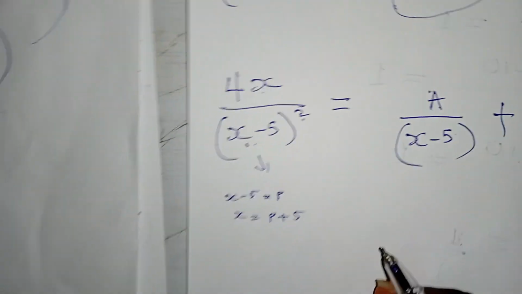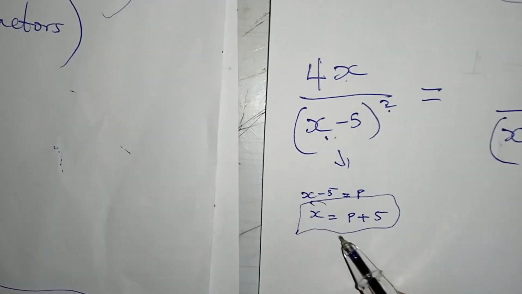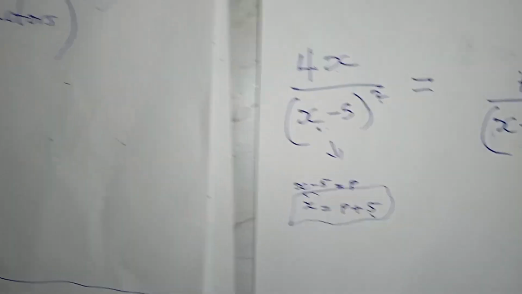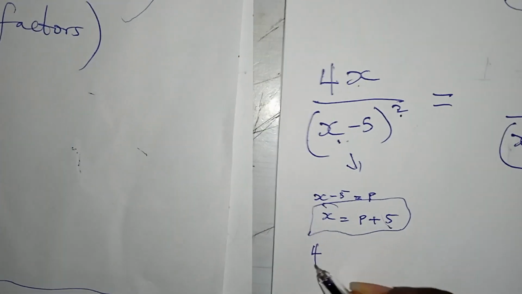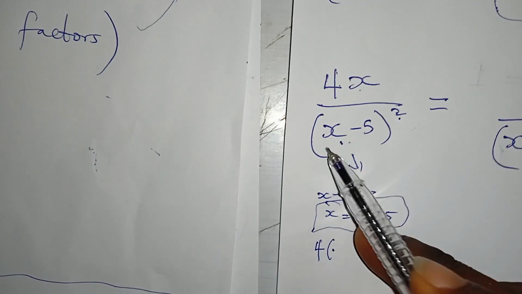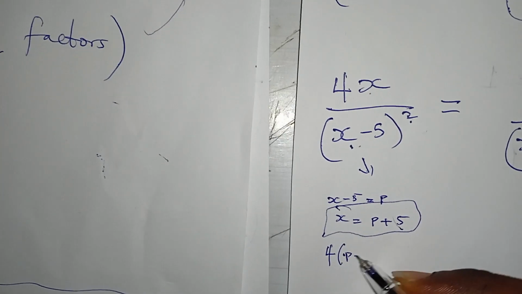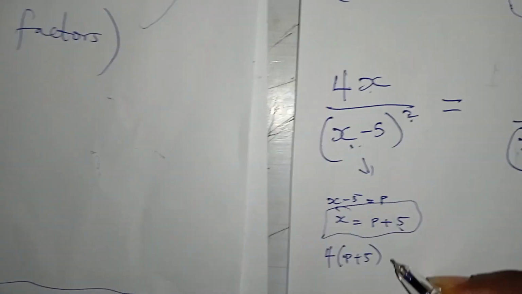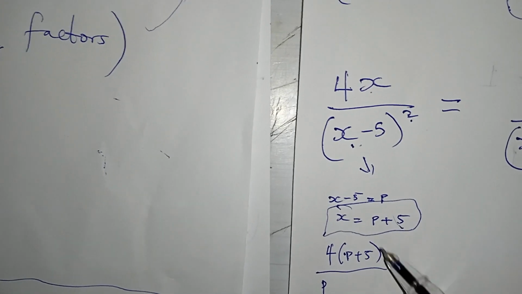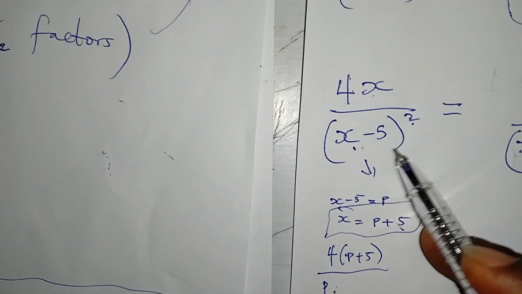Our goal here is to get something we can use to substitute for x. So let's substitute x to be p plus 5, and let the denominator be p. So this gives p plus 5 all over p.